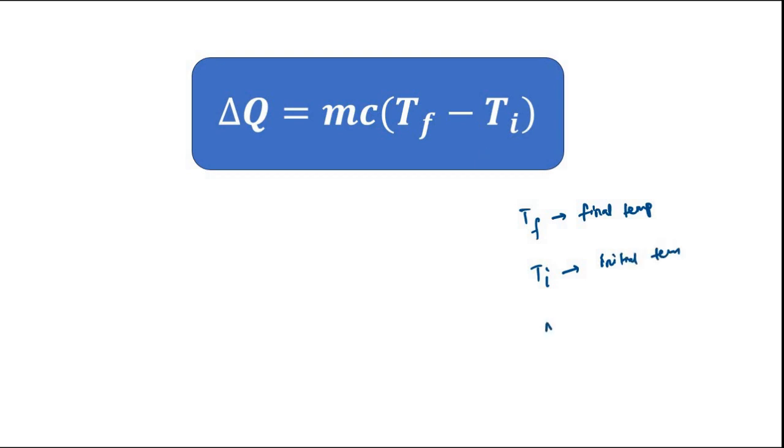M is mass, C is the specific heat of that object, and delta Q is the heat energy.